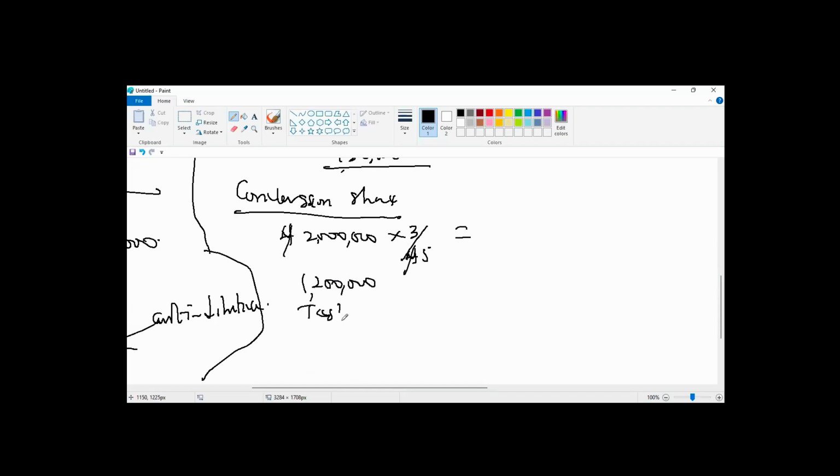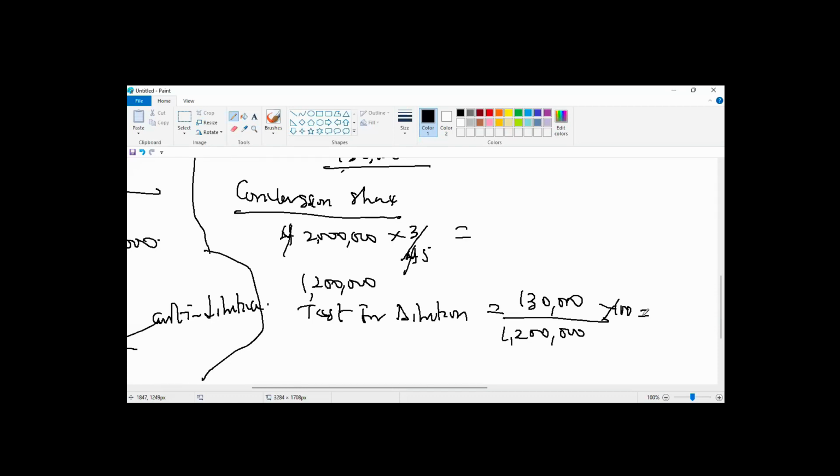Test for dilution: 130,000 divided by 1.2 million times 100.